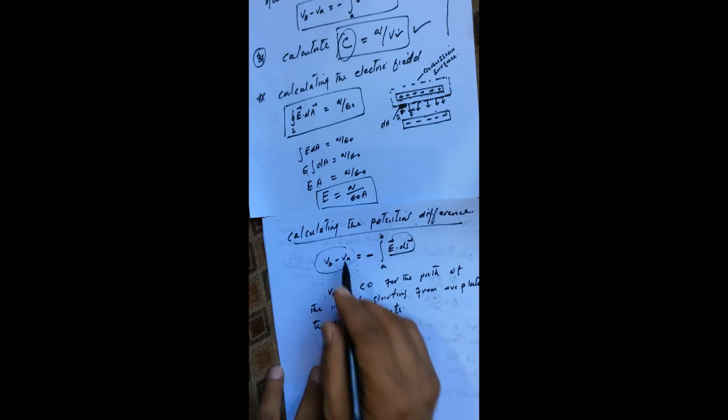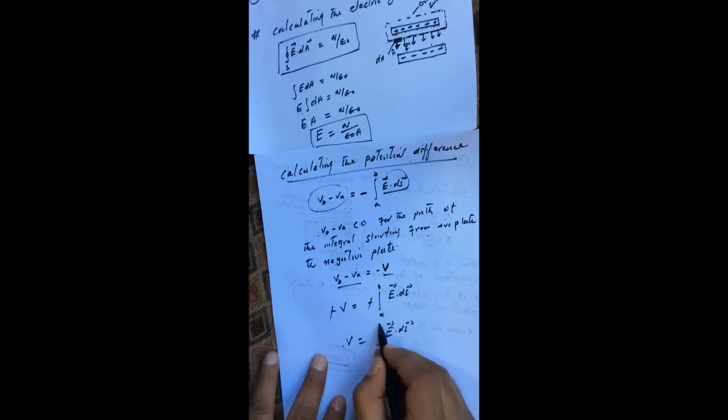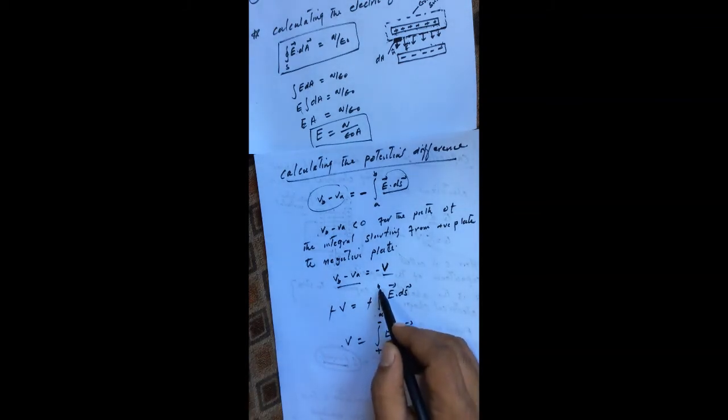If I put this in the above equation, then we have minus V is equal to minus the integral from A to B of E dot ds. So minus cancels with minus, and V will be equal to the integral of E dot ds. But the path of the integral is from the positive plate to the negative plate. So I replace A to B by positive to negative.